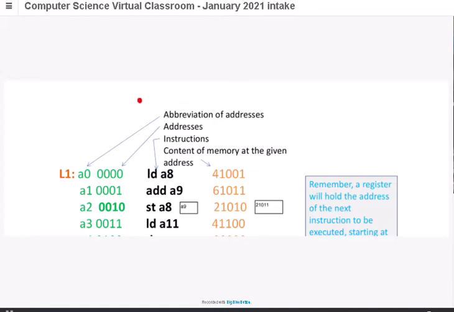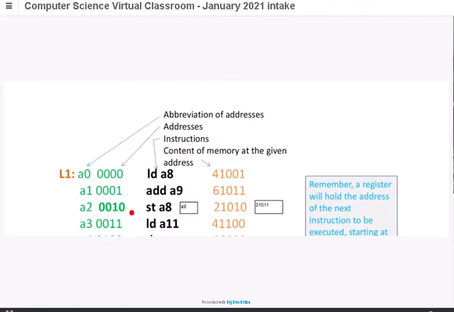Right? So what I've got here are abbreviations for memory locations. For example, I'm using A2 to represent this memory address 0010. And in this memory address, I've made a correction here, I'm sorry about it.